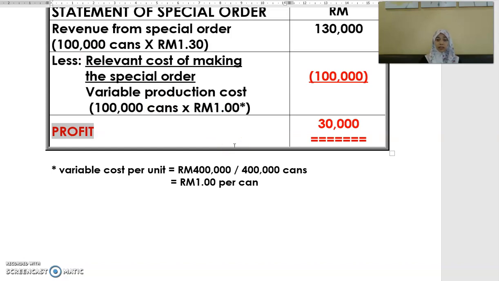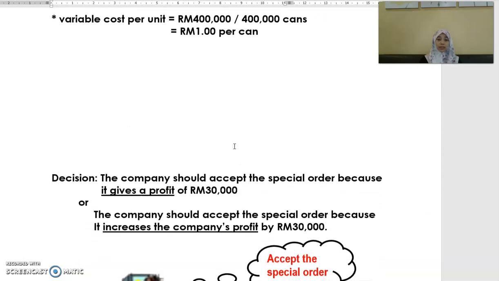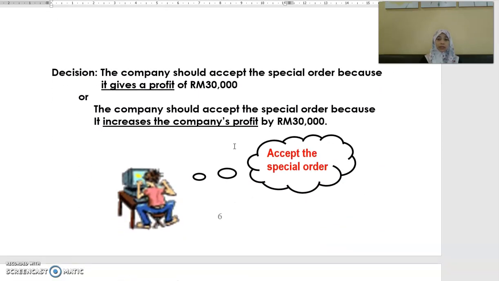This figure is positive, so it gives you a profit. If it is a profit, then your decision will be to accept the special order. Why? Because the company gained a profit of 30,000 ringgit, or you can say it increases the company's profit by 30,000 ringgit. Okay, that is one example of a special order.